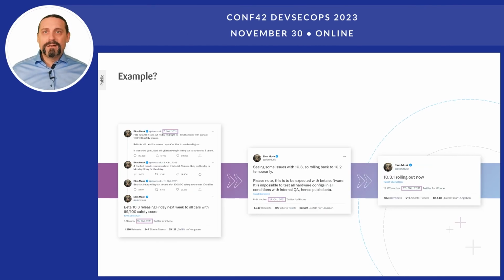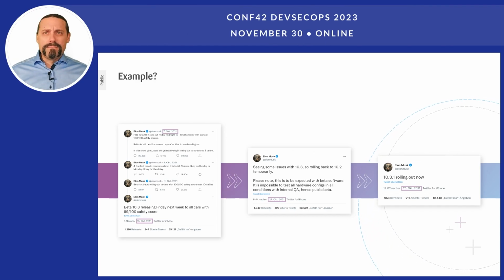Do you want to get an example? Here you get an example of Elon Musk, who is tweeting about the self-driving release of his software. So he's tweeting on the 7th of October 2029 that FSD Beta 10.2 will be rolled out to roughly 1,000 owners with a perfect safety score.